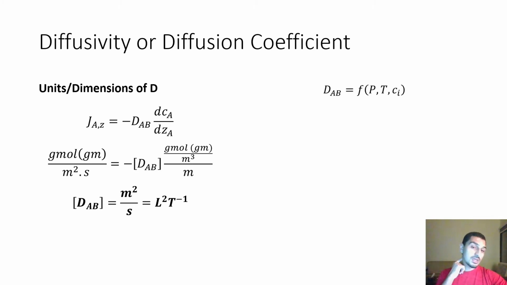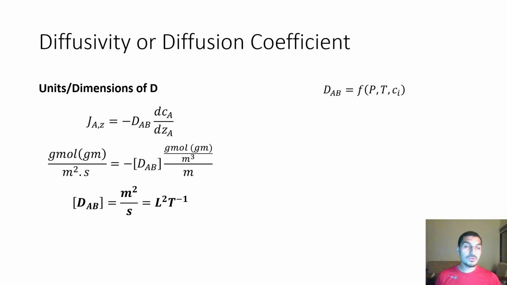So from what we will see later and from simple logic, we can predict that the diffusion coefficient will be a function of the pressure, the temperature, and the concentration of the species in the medium that it's diffusing in.